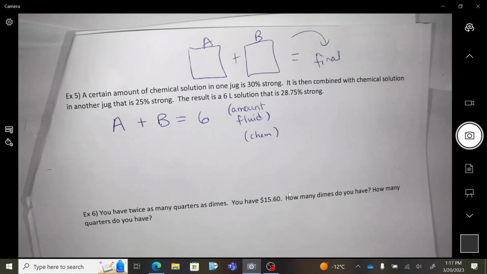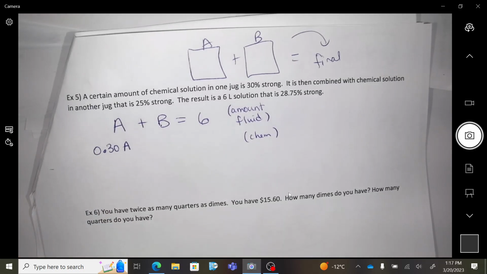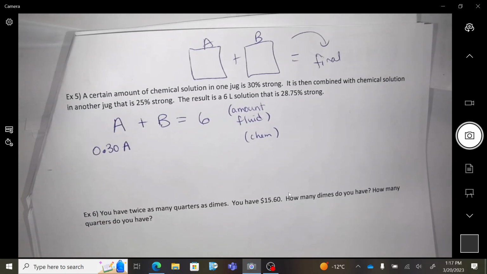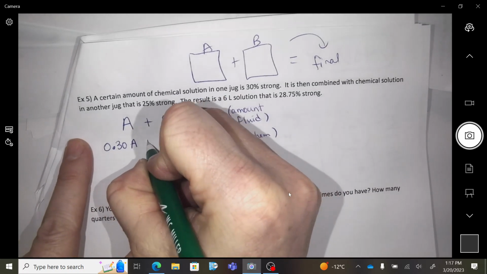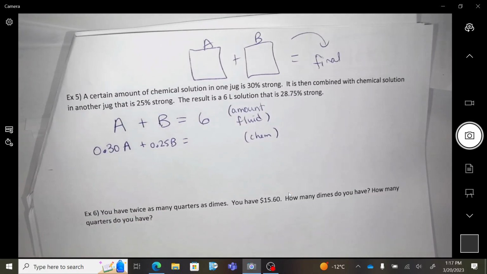Now let's talk about the amount of chemical. 30% of A is chemical. So 30% of A, that's how I write it. Does that make sense? 30% of A is chemical. Now what would the other one be? 25% of B is chemical.